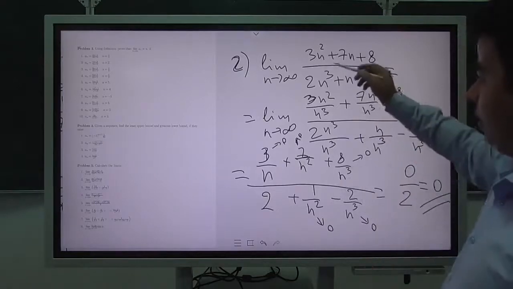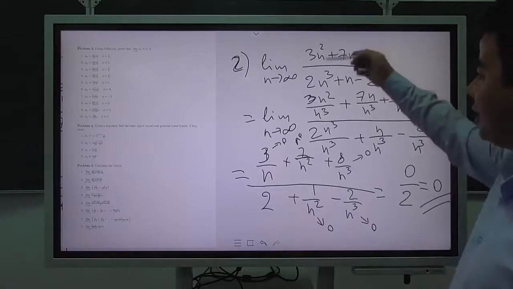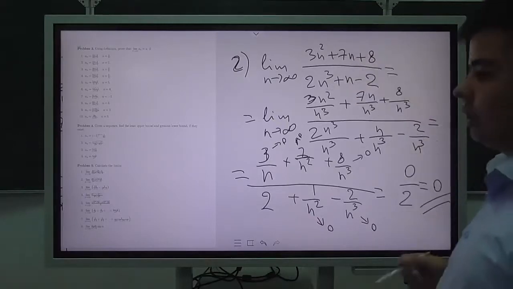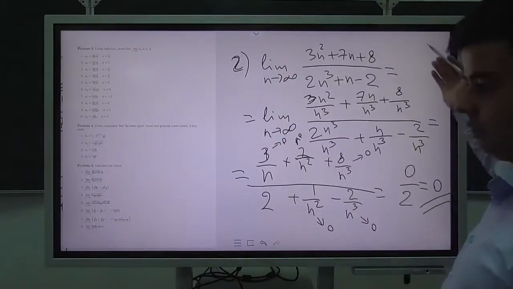Otherwise, if the power of n of the numerator is greater than the power of n of the denominator, it goes to infinity.